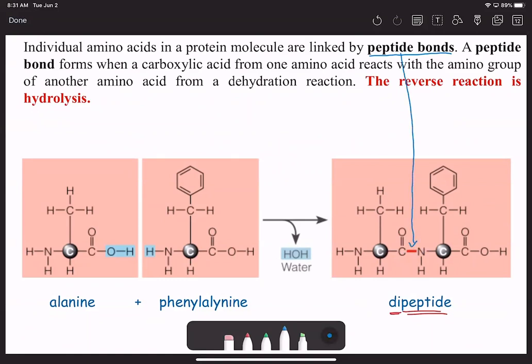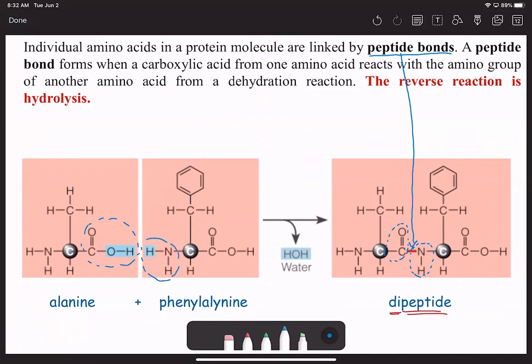The peptide bond is formed between the carboxyl group of one amino acid and the amine group of another amino acid. So we're going to form a peptide bond from the carboxyl group and the amine group.